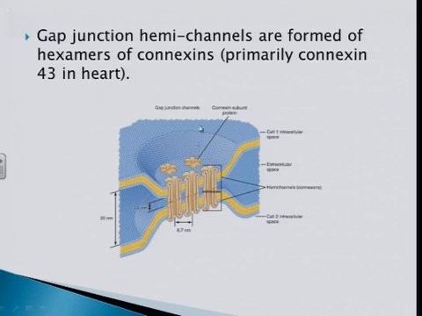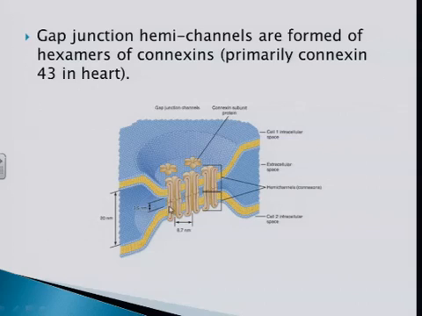And so it's formed of hemichannels. Each membrane here has half a channel, you see. It goes through the membrane, and it would go to the extracellular space, except that it forms with another hemichannel on the other side. So you have hexamers of connexins, that is 6 connexin 43 subunits, arranged together to form a hemichannel. It goes through one membrane.